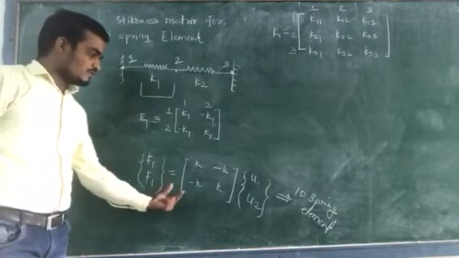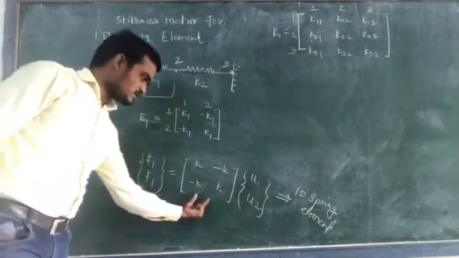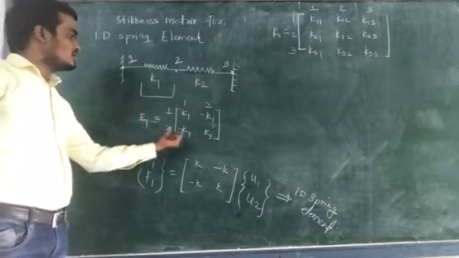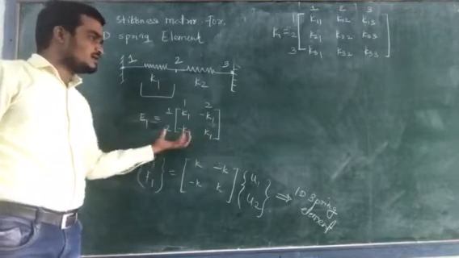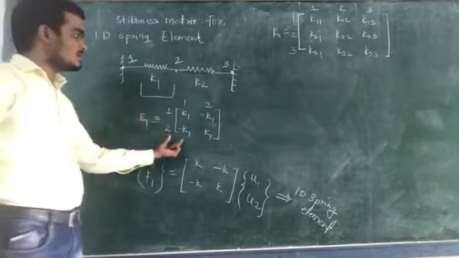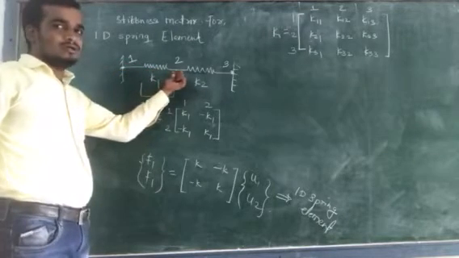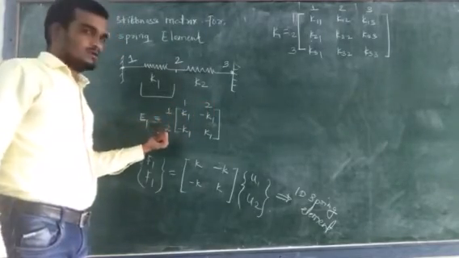But the position of this elemental stiffness matrix: this spring element lies between node 1 and node 2. So you can write this between node 1 and node 2.